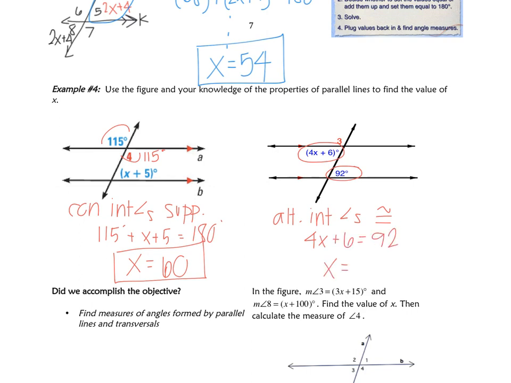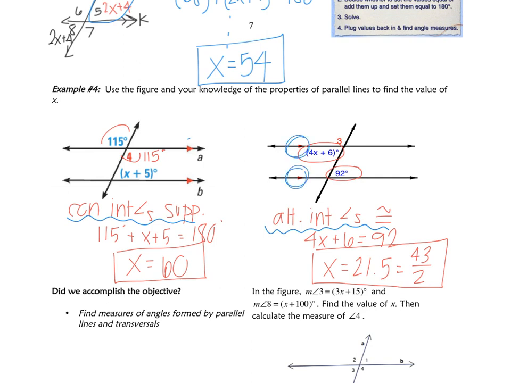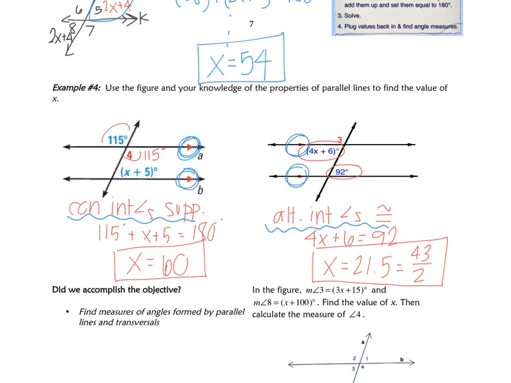X would give you 21.5, or if you prefer 43 over 2. Both of those are correct. One thing to note, the reason why we can do all these, consecutive interior supplementary, alternate interior congruent, is because of these parallel lines. Everything is based off of those parallel lines.